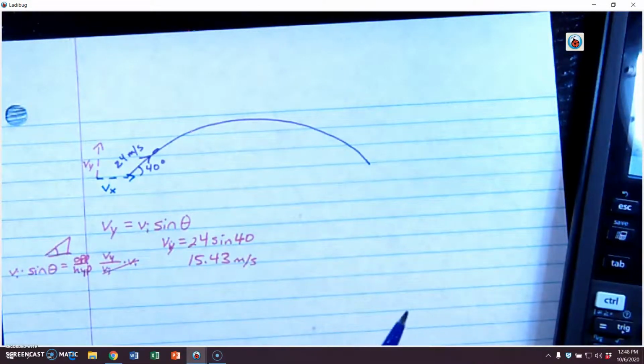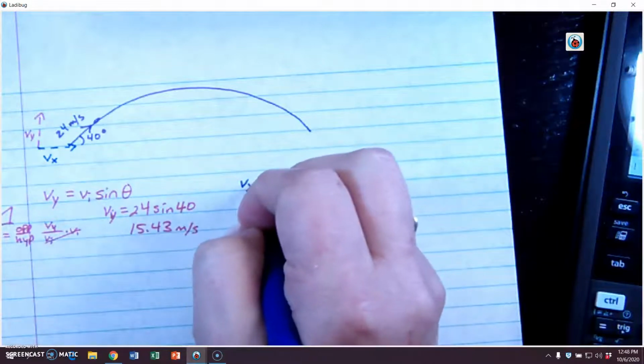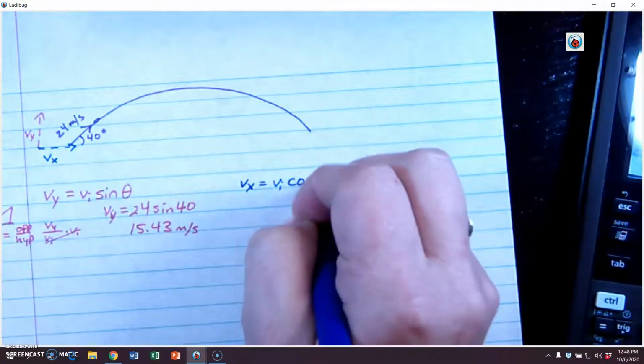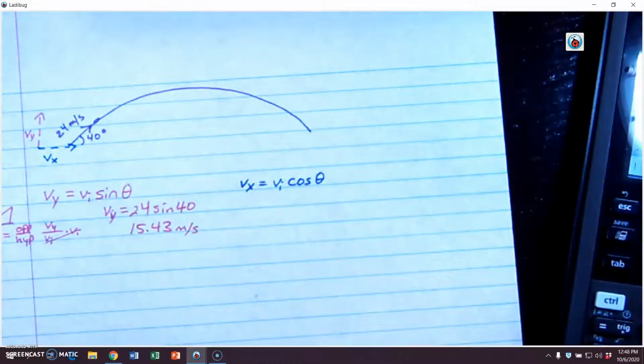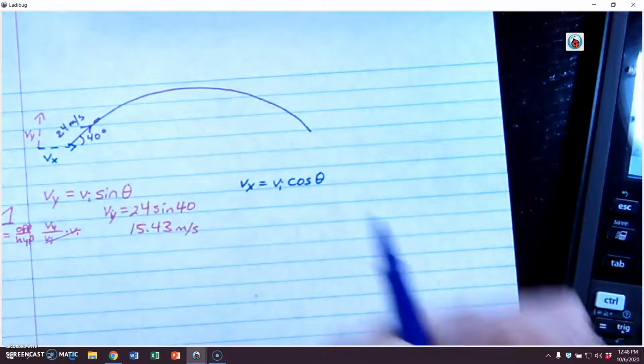Okay, I also want to do the horizontal velocity, which will be very similar, except I'm going to be using cosine. So my initial velocity times the cosine of my angle will give me how fast that discus is going down the field.